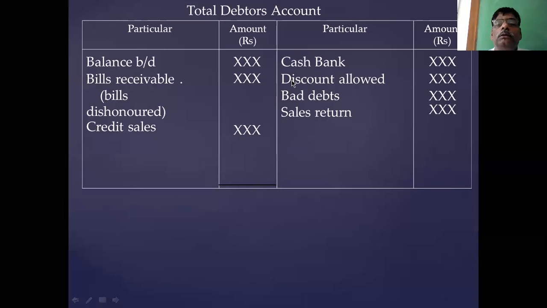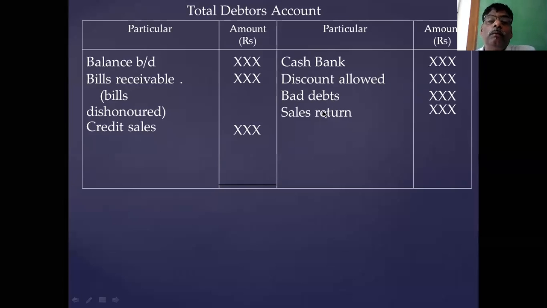Next is discount allowed. Discount allowed to debtors. If cash discount is allowed to debtors, you record it as 'by discount'.